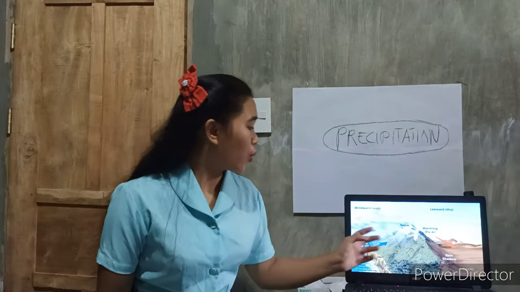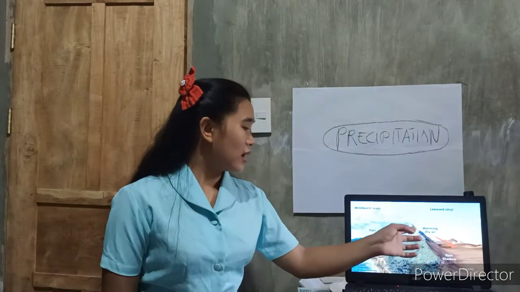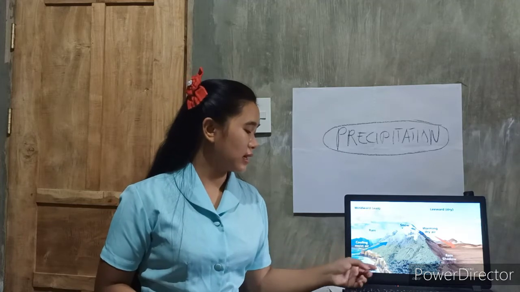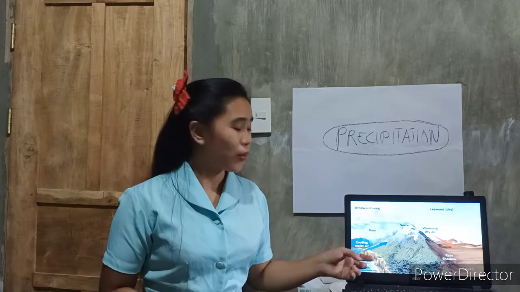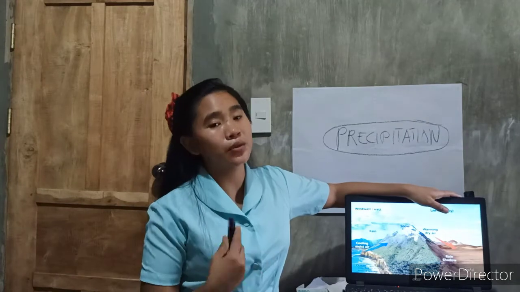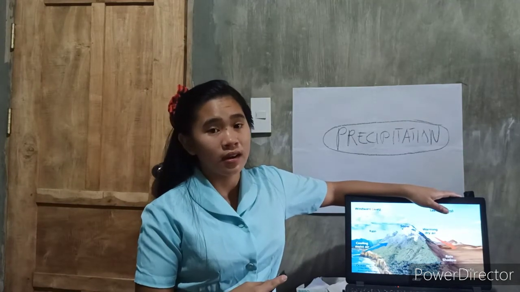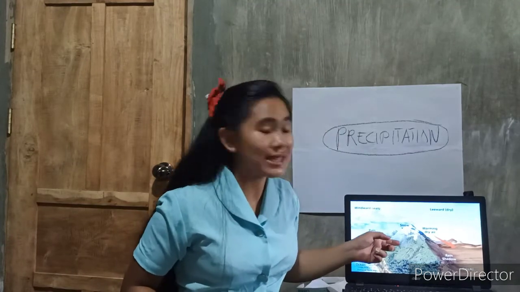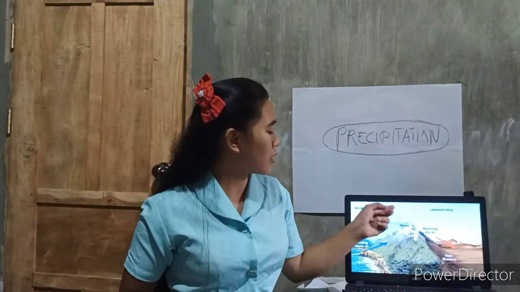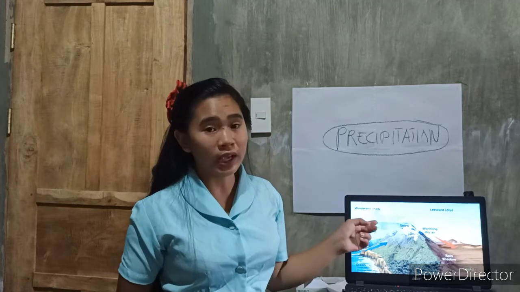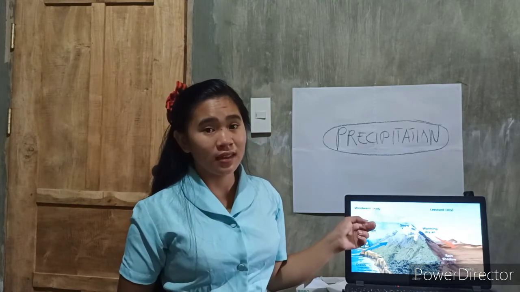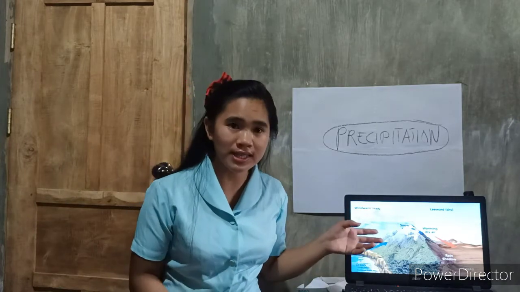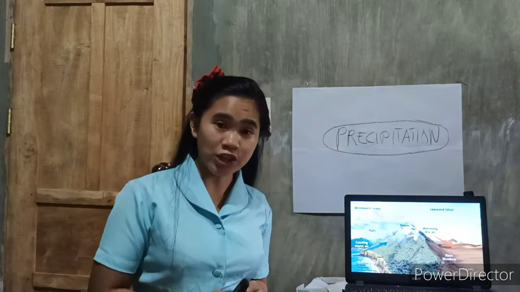As you can see, windward is the area of the mountain which faces oceans or bodies of water, where cooling occurs and most rain falls. As the moist air ascends, it results in more rain, more precipitation.